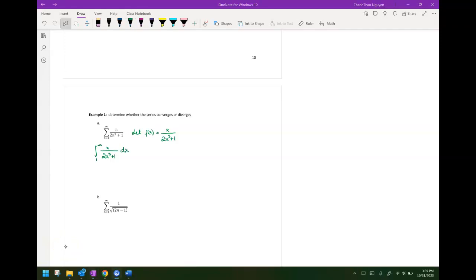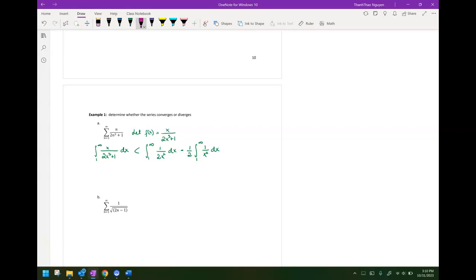This integral is less than the integral from 1 to infinity of 1 divided by 2x squared dx. And this is 1/2 the integral from 1 to infinity of 1 over x squared dx.